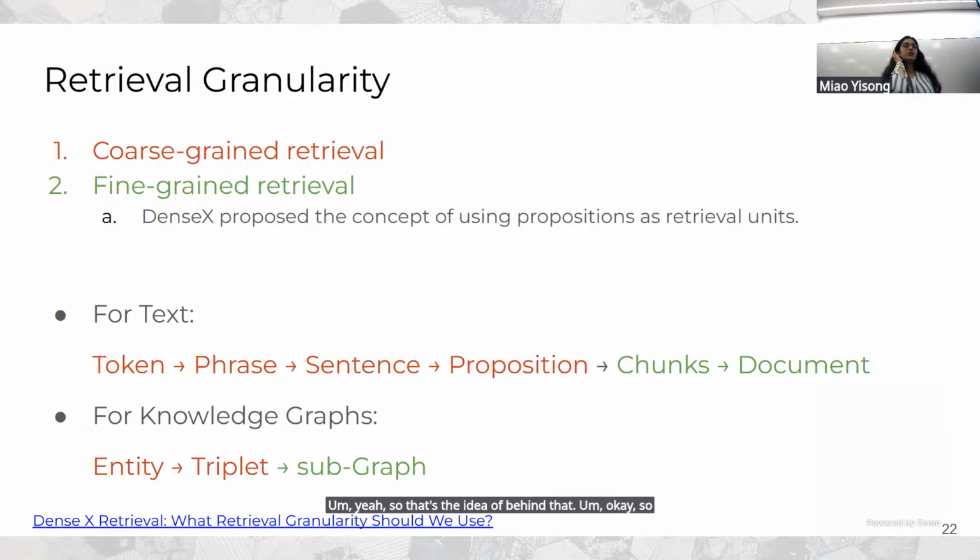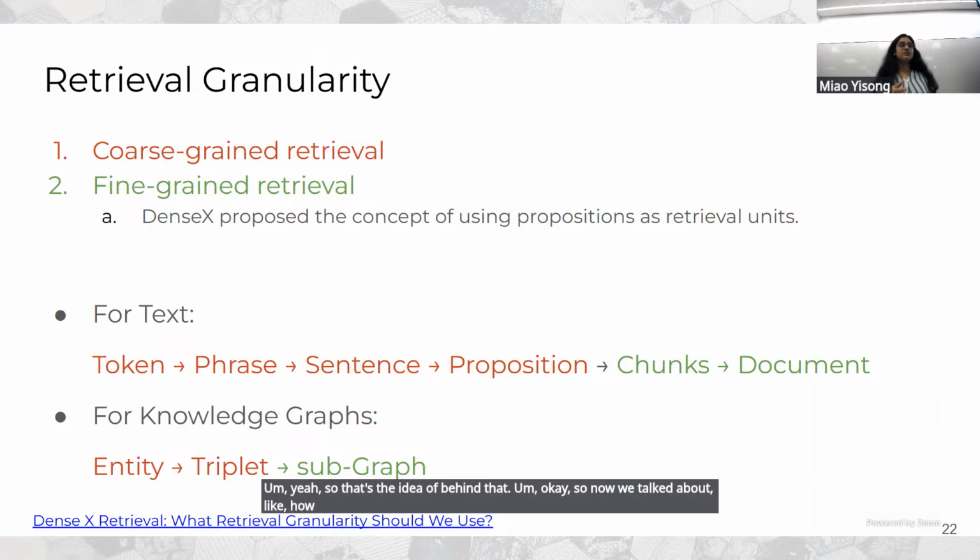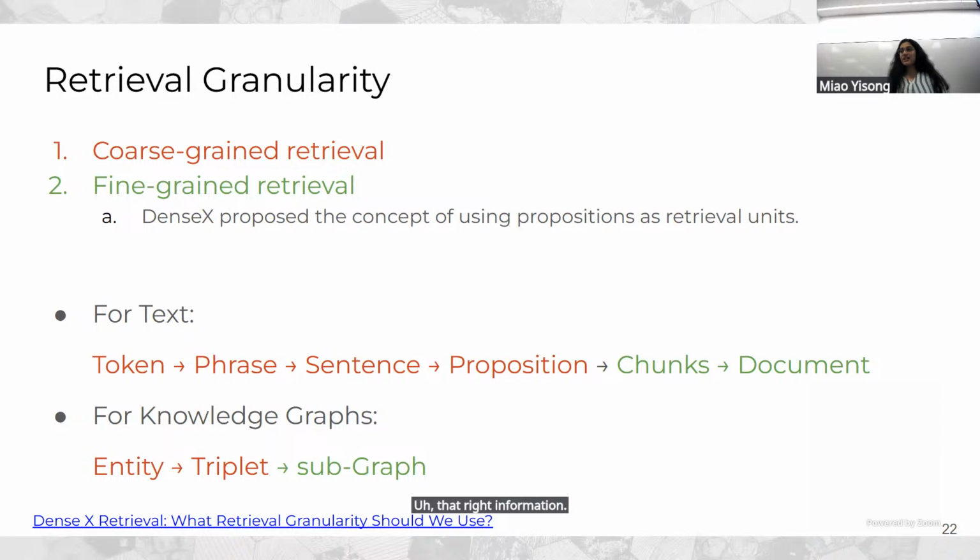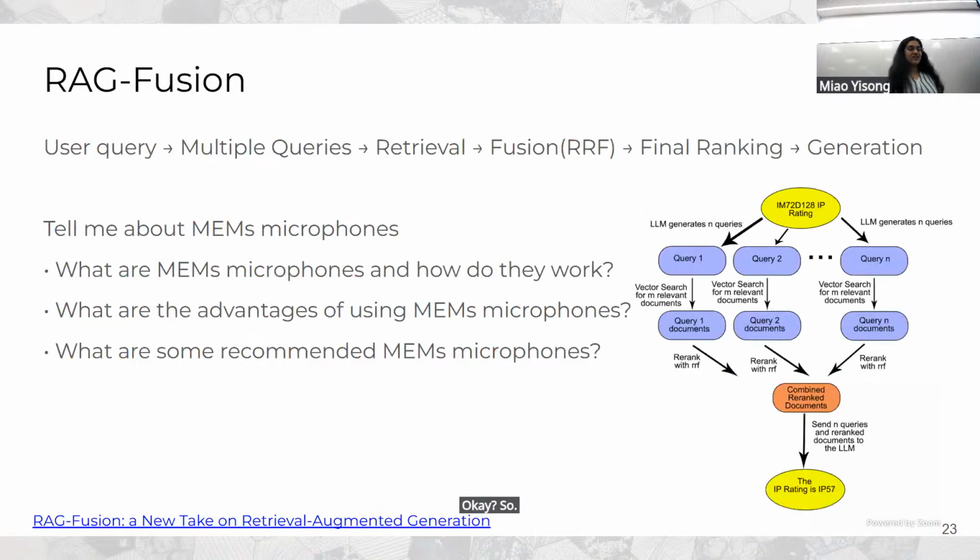Okay, so now we talked about how important it is to retrieve the right information. The next thing is, if you have retrieved the right information, is one query enough to retrieve all the information that's required? That's where this concept of RAG Fusion comes in, where we believe that a single query is too ambiguous to retrieve the right information.